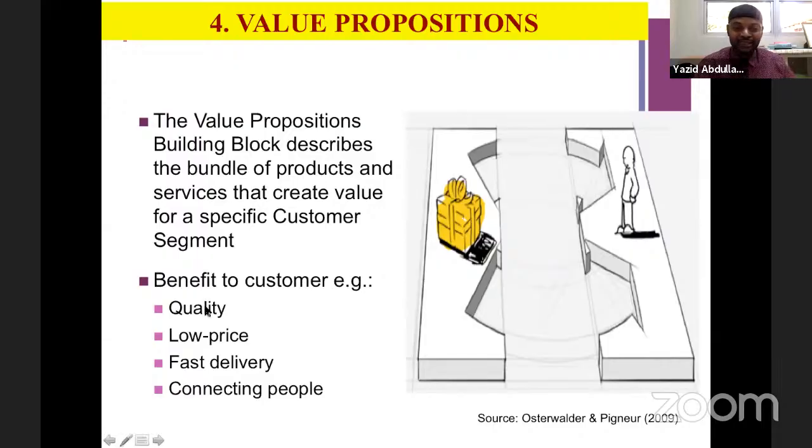So they use this as the value proposition, but Primark uses low price. Air Asia uses low price. Raspberry Pi uses low price. And there's also fast delivery. Even that can be of value if you can deliver a product very fast. Okay, so think about, there's a company started by some young Arabs in Dubai.